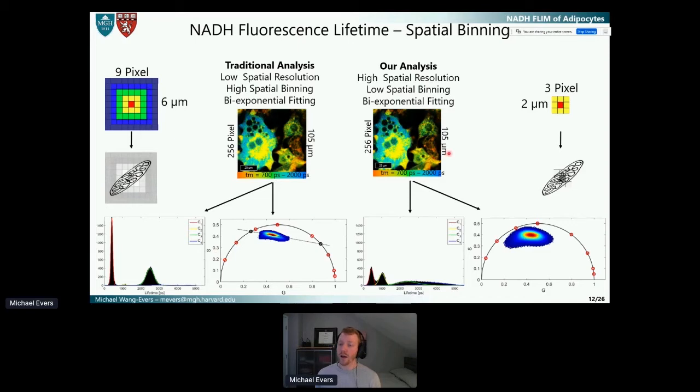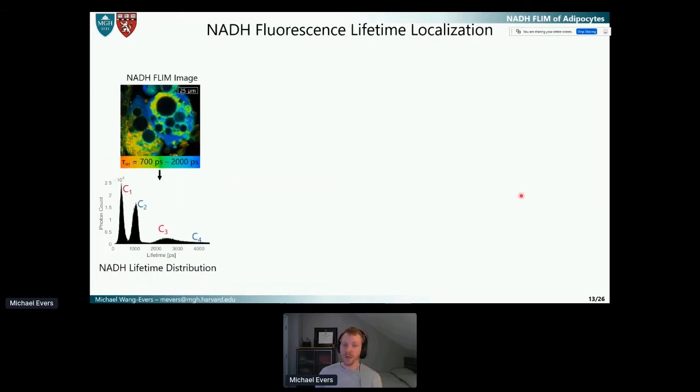However, if you have a very high spatial resolution, we only use 3 pixels and 2 microns. Often it's hard to get the right photon count, but if you do long measurements, we still get a decent photon count. And we think now we are a little bit more specific, that we have the fluorescence lifetime of mitochondria and the cytoplasm separated. And then we found 4 fluorescence lifetimes, and also the phasor plot was broadening.